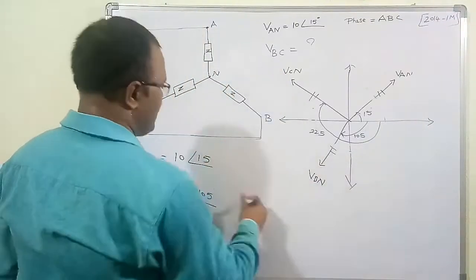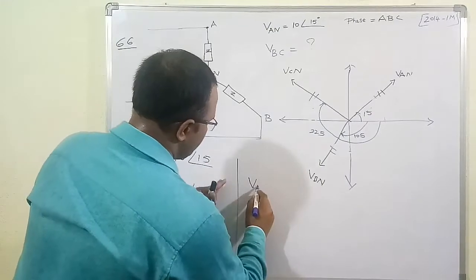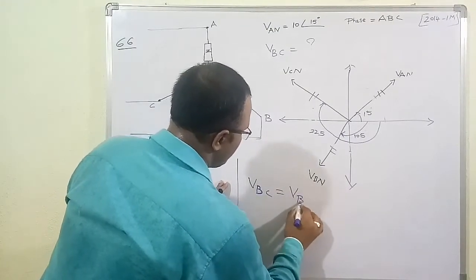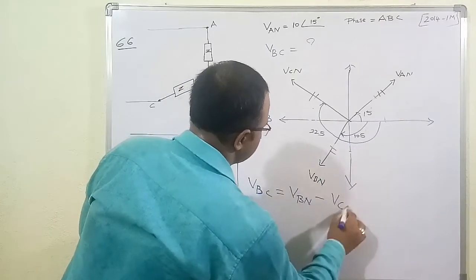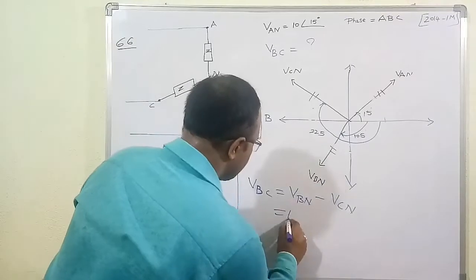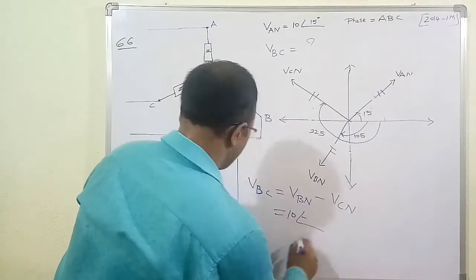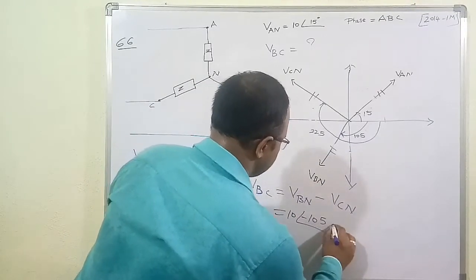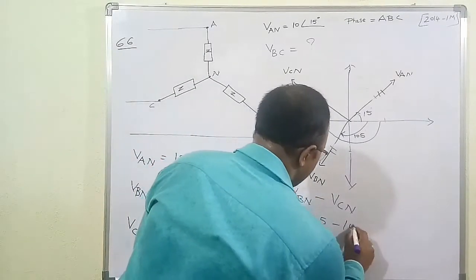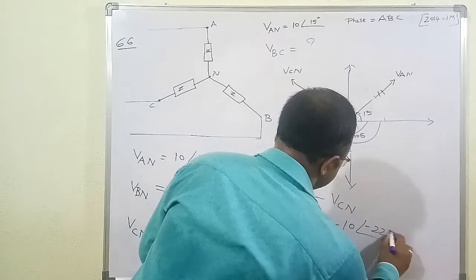So VBC we need to find. VBC, the line voltage of B with respect to C, is equal to VBN minus VCN. VBN we already know: 10 angle of minus 105, minus VCN, which is 10 angle of minus 225 degrees.